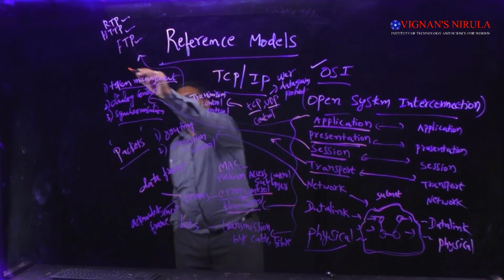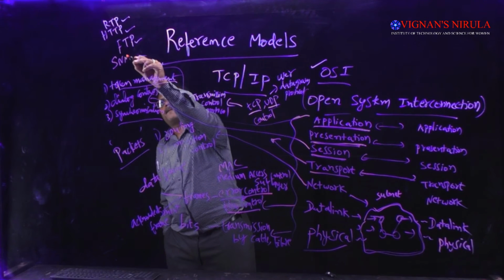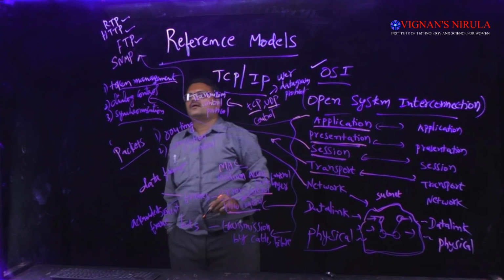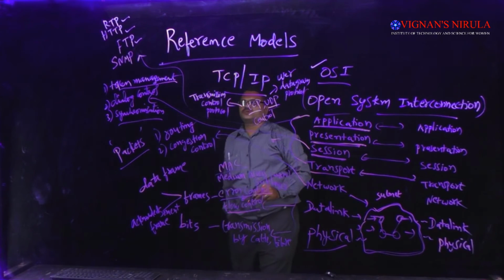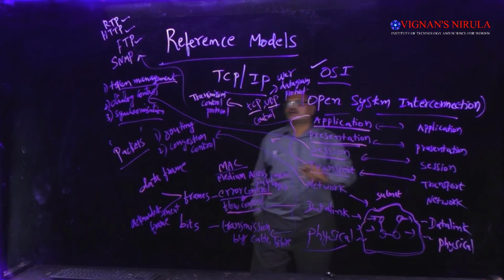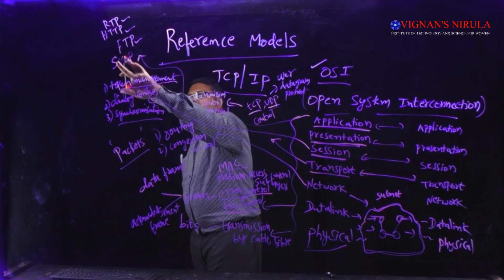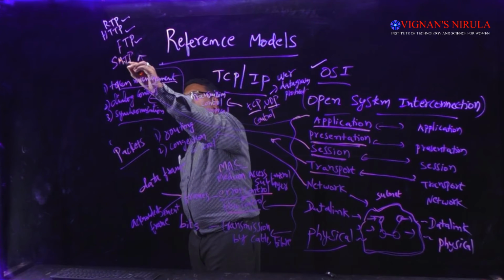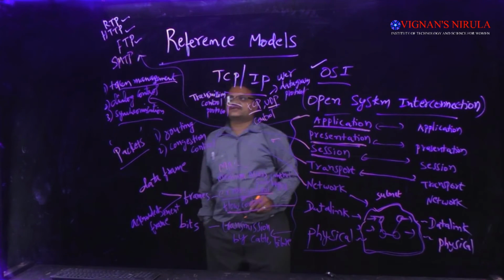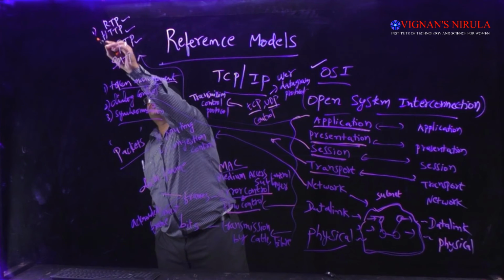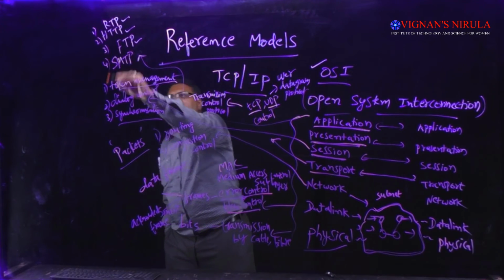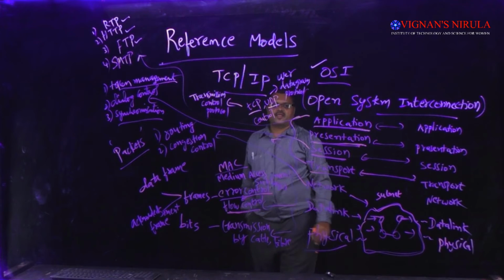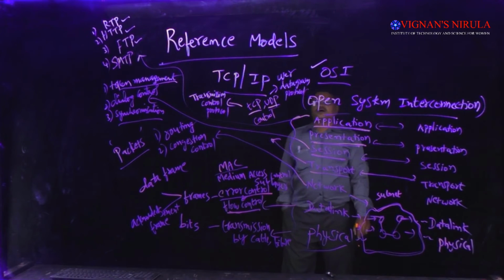SNMP, and simple mail transfer protocol, SMTP. So these are the different protocols which are present at this application layer. So that is about the OSI layers.